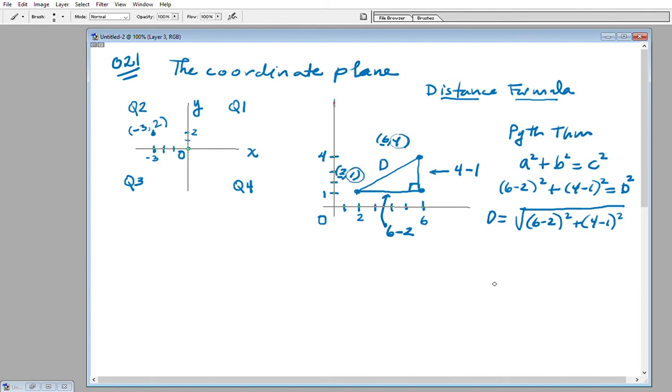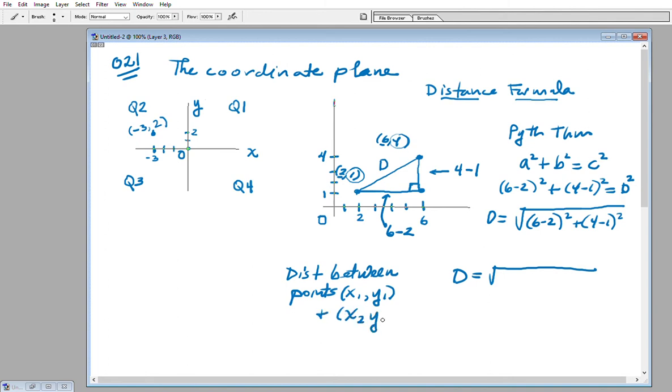Okay. So the general distance formula looks like this. This is for distance between points. I'm going to call them x1, y1 for the first point, like, let's say this would be x1, y1, and x2, y2 for the second point.